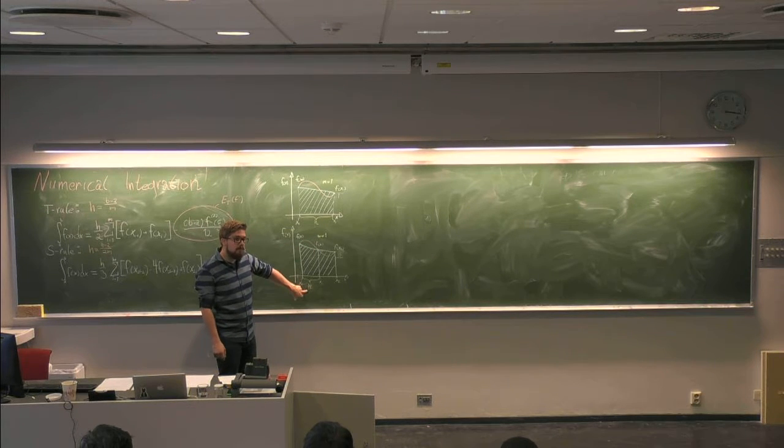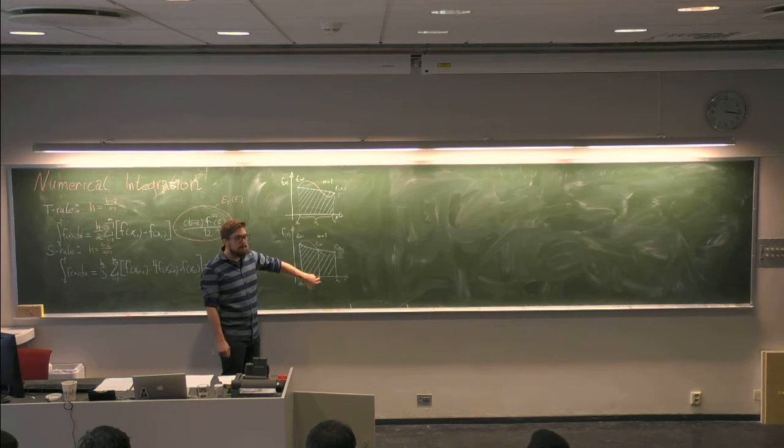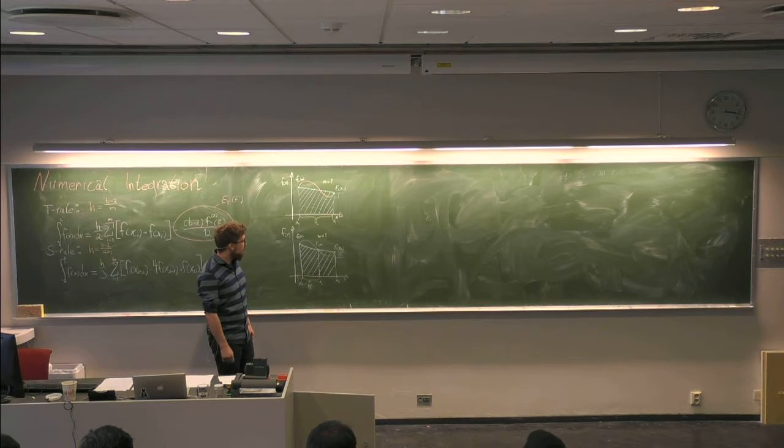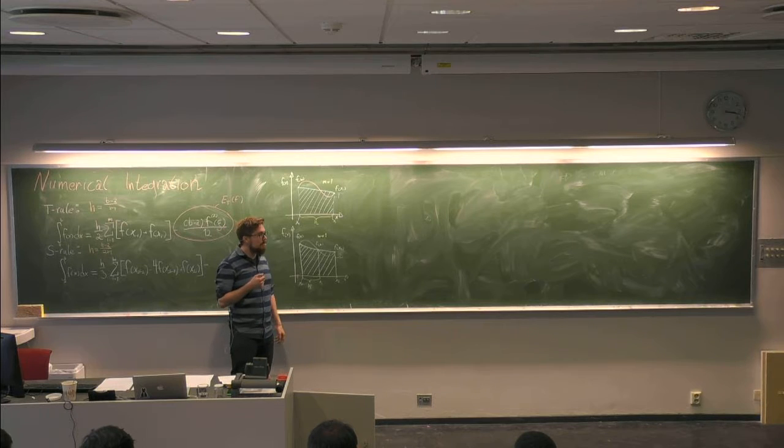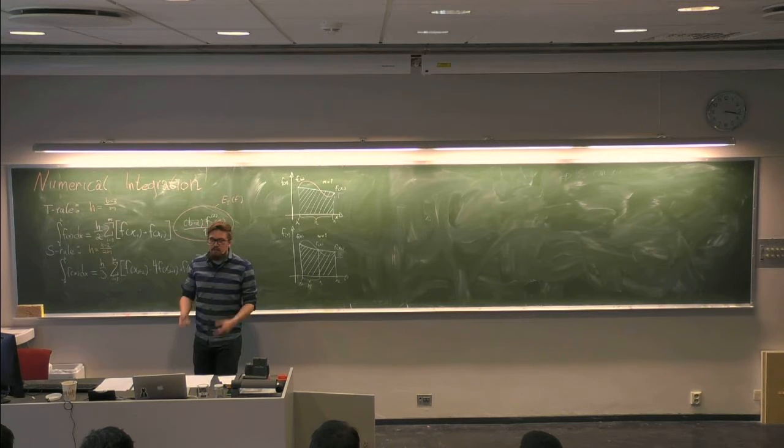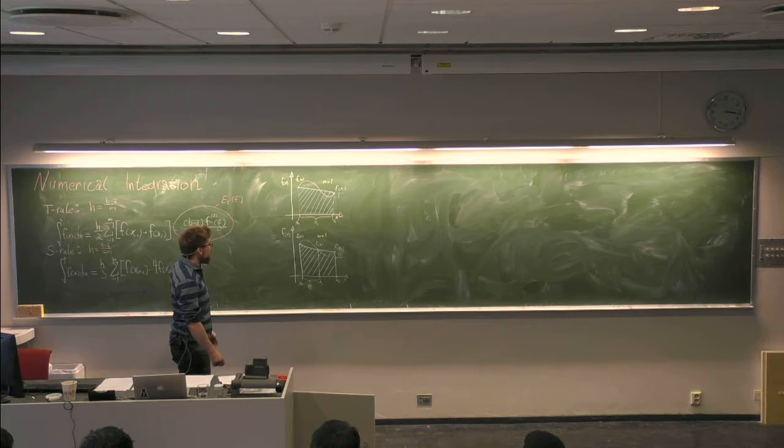Only you have to make sure that the step length is half, because you also have this midpoint of each subinterval, which is important to remember, for instance, at the exam, that this h is different.